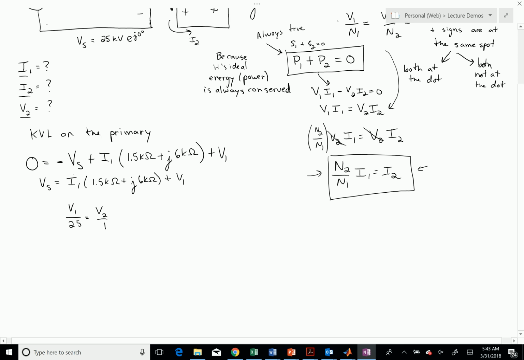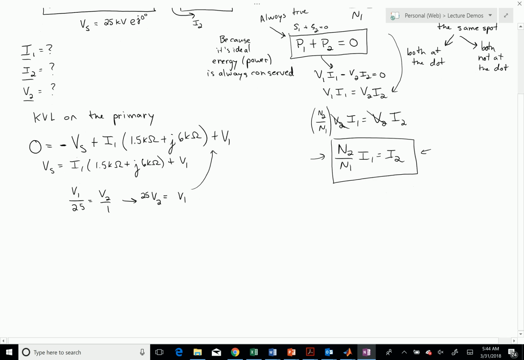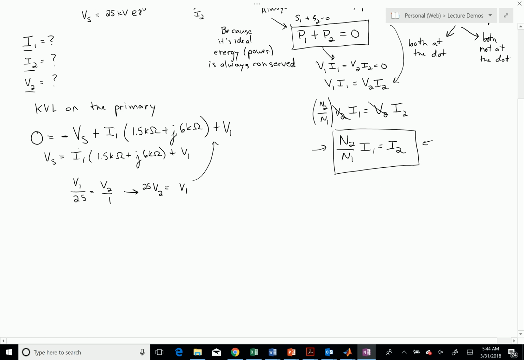Like I said in class, that doesn't mean the primary side has 25 turns and the secondary has 1. It just means that the primary has 25 times as many turns; one turn doesn't usually cut it. So V1 equals 25 V2, and I can plug that in here. To do that, I need to get some relationship for V2.